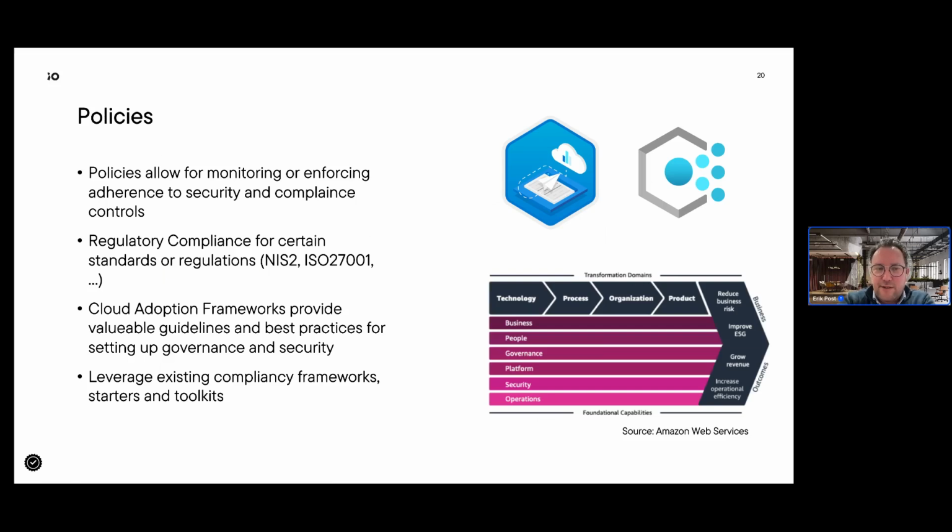And the great cloud providers, they also have what they call the cloud adoption frameworks, which are guidelines and standards and best practices on how to set up your cloud environment. So if you move to the cloud, they specify how you set up your governance model, how you set up your networking topology, how you apply the policy frameworks.